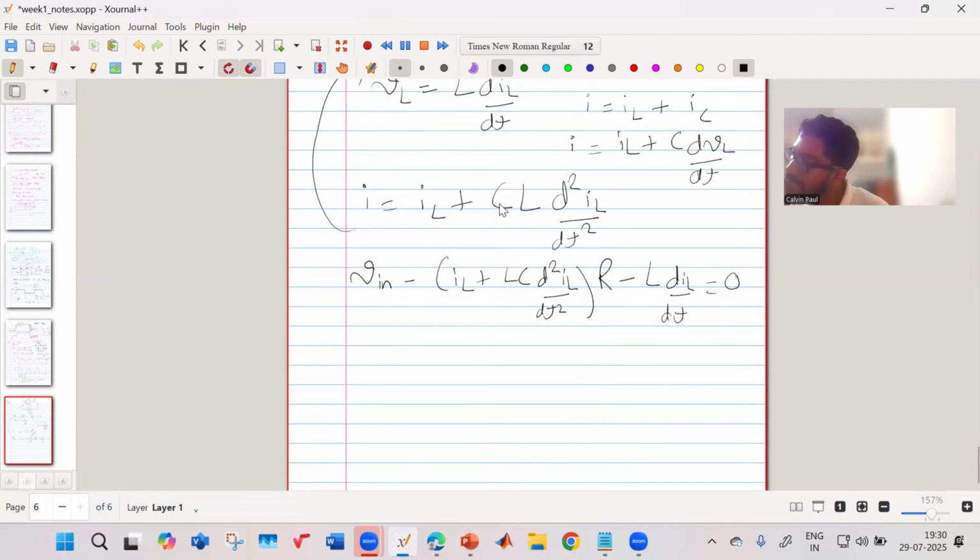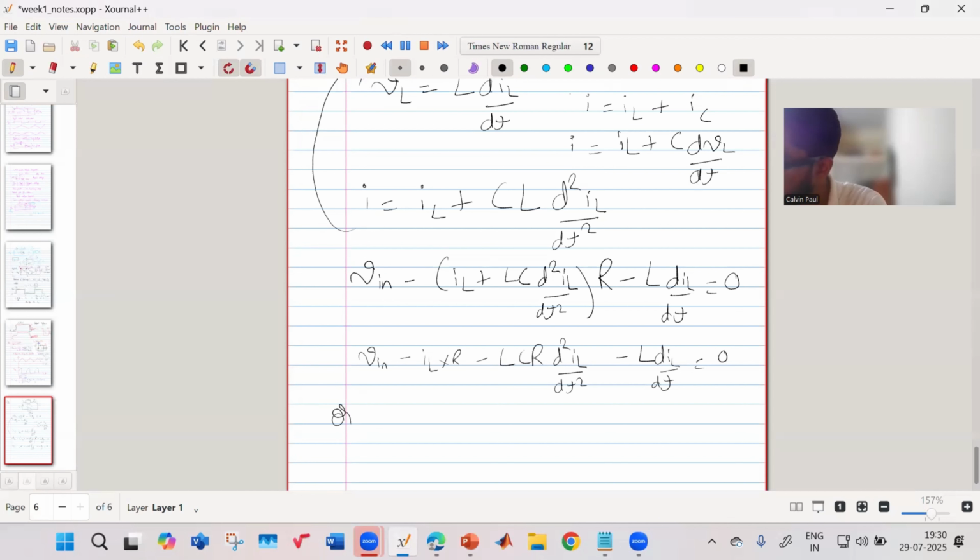So we get Vin minus IL into R minus LCR d2IL by dt2 minus L dIL by dt is equal to 0, or LCR d2IL by dt2 plus L dIL by dt plus IL into R is equal to Vin.